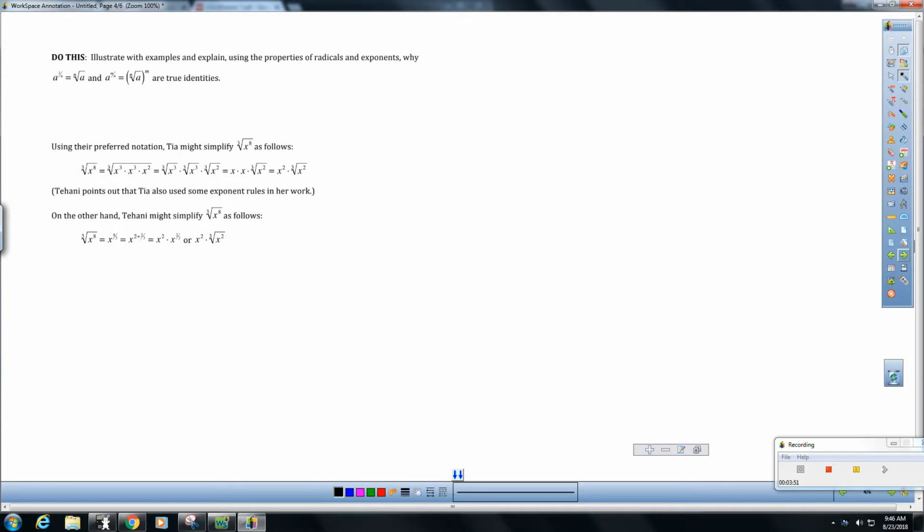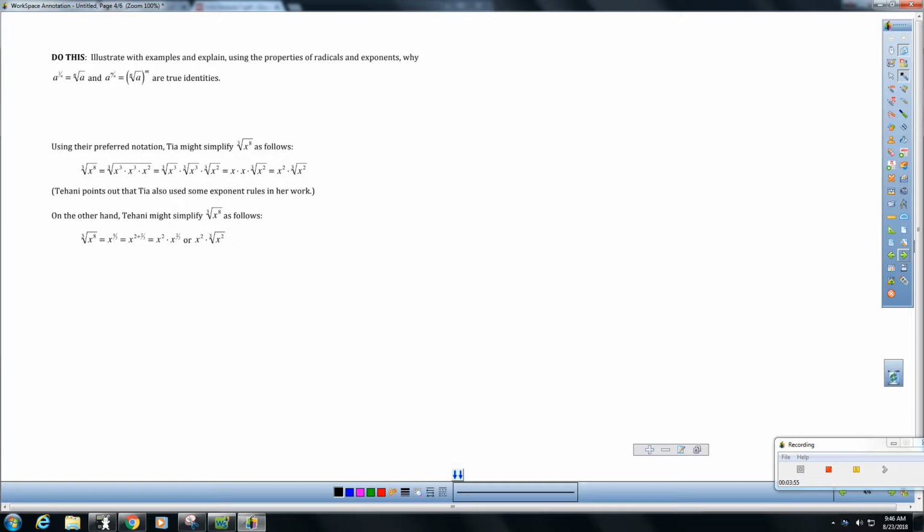So it says, do this. Illustrate with examples and explain, using the properties of radicals and exponents, why a to the 1 over n is the same thing as the nth root of a, and a to the m over n is the same thing as the nth root of a to the m power. Well, let's use an example.